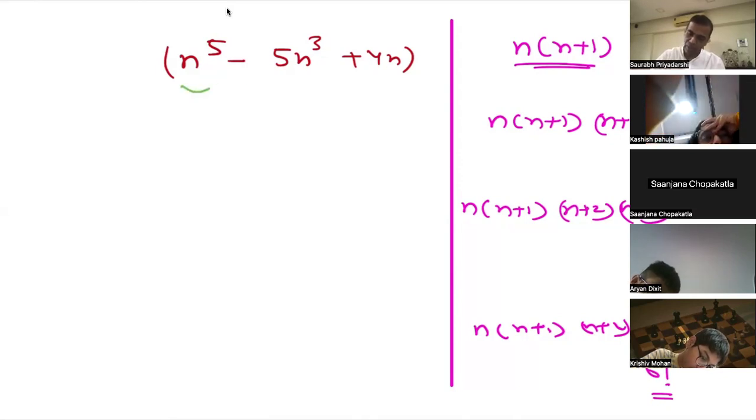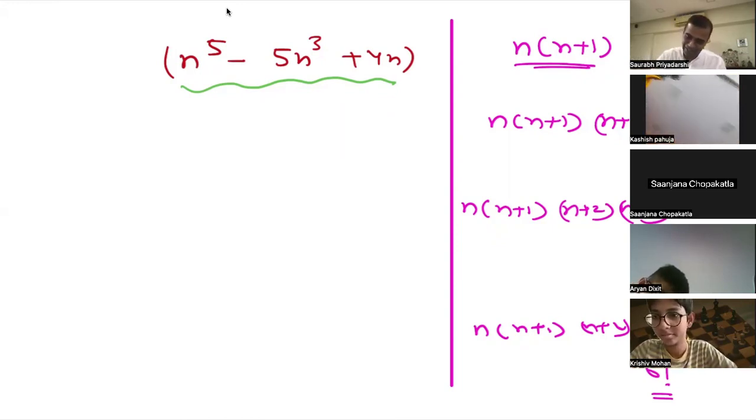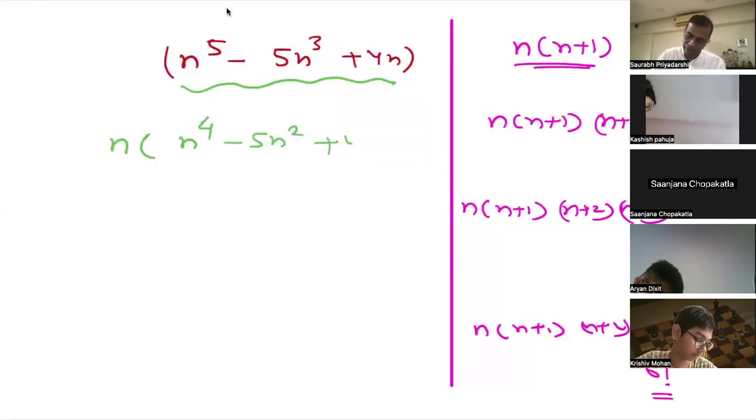If I'm able to prove this, this is nothing but a product of 5 consecutive integers. So it is a factorization. If I'm able to write it in the form of 5 consecutive integers, 100% that will work, right? So let's see. n common out, this is n to the power 4 minus 5n square plus 4.